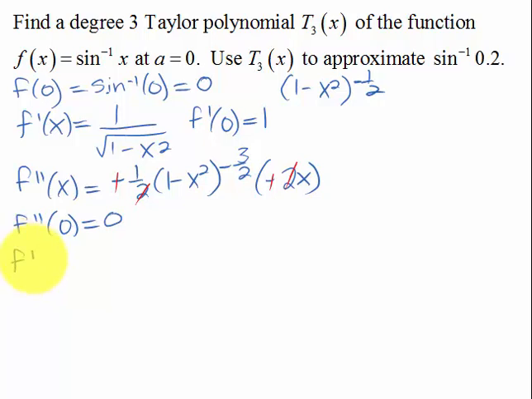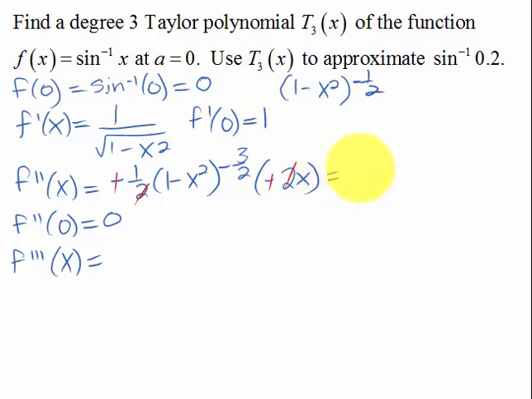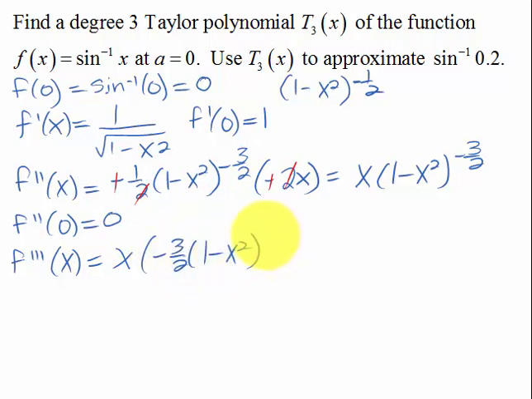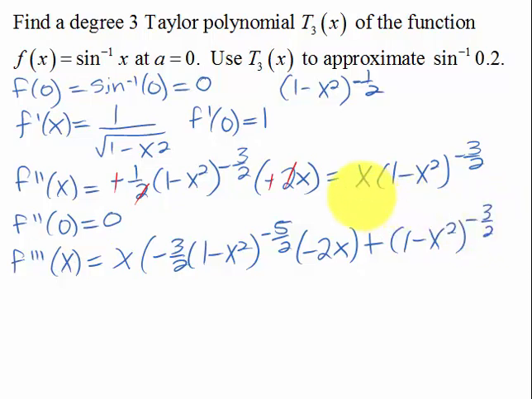Now we need a third derivative. And that one is going to involve, let's rewrite this. This is x times 1 minus x squared to the negative 3/2. So this is going to need a product rule. So we have first times the derivative of the second, which would be power out in front, decrease the power by 1, multiplied by the derivative of what's inside, and then we have plus the second function, so 1 minus x squared to the negative 3/2 times the derivative of the first function, which is 1.